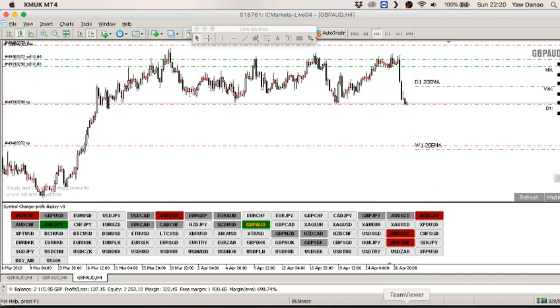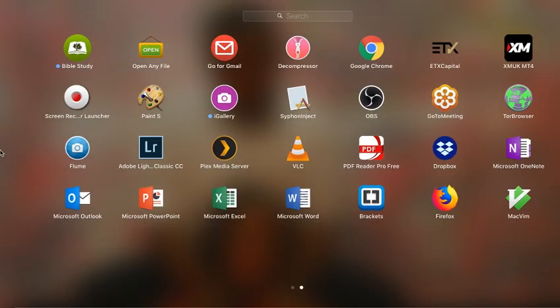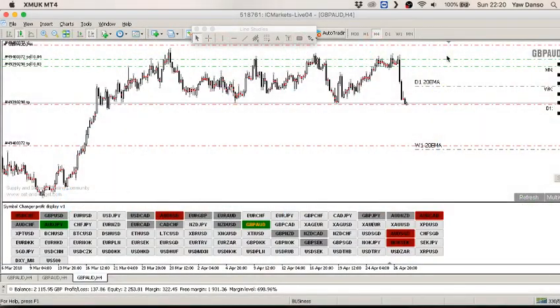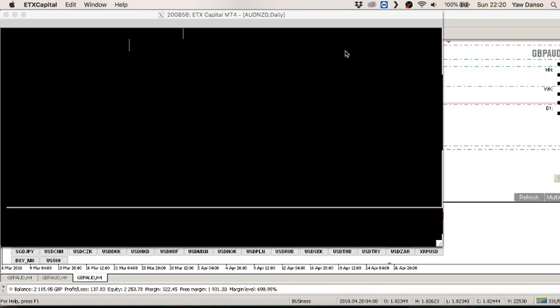I have three accounts that I'm trading. This is one of them. There's one here. Where's the other one? There's three accounts that I'm trading. This one, I kept two trades.